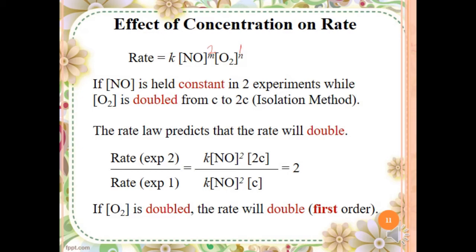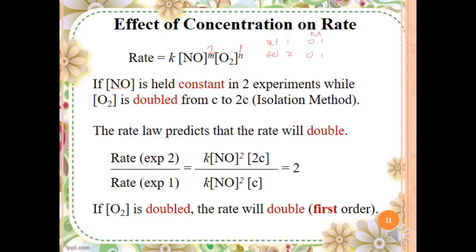So let's say in set 1 and set 2. In set 1, the concentration of nitric oxide is the same as in set 2. Let's say we put 0.1 molar, but the concentration of oxygen is doubled.